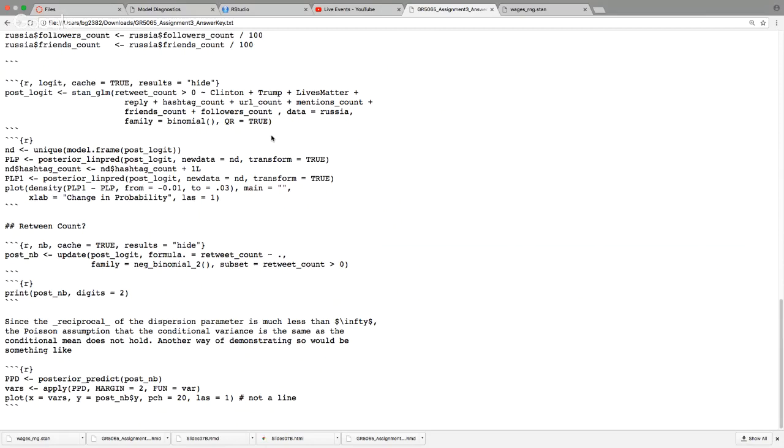And then you can change the hashtag variable or any of the other ones to add one more to it. You can get the posterior probability of retweet after making that change. Subtract one from the other to get a change in probability.